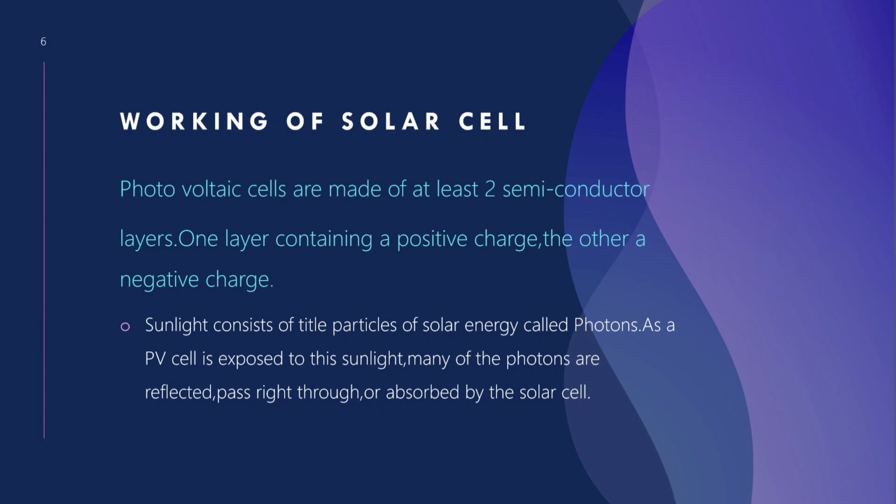These freed electrons naturally migrate to the positive layer, creating a voltage differential similar to a household battery. When the two layers are connected to an external load, the electrons flow through the circuit creating electricity.